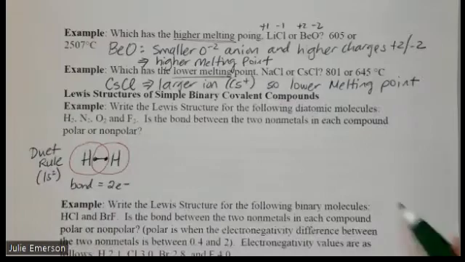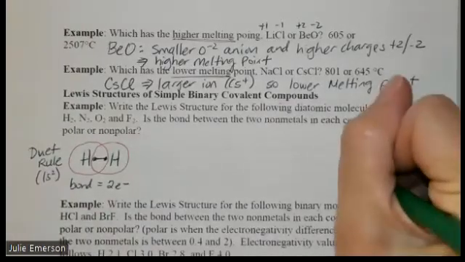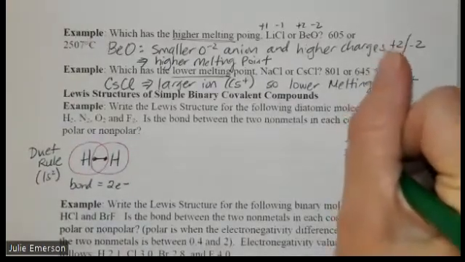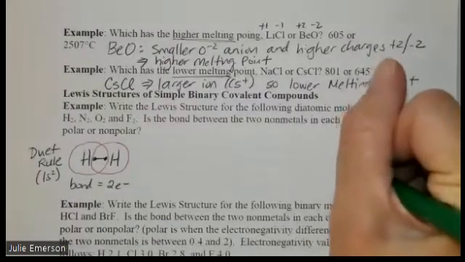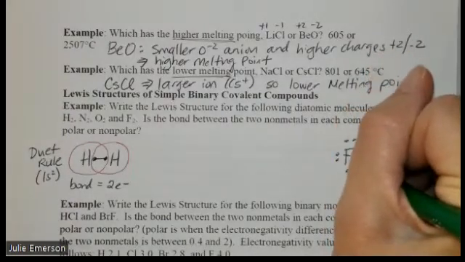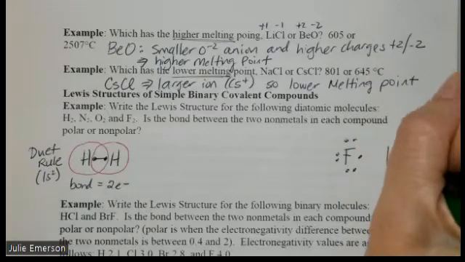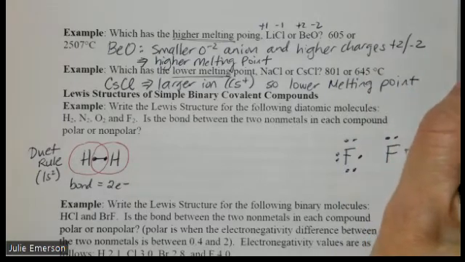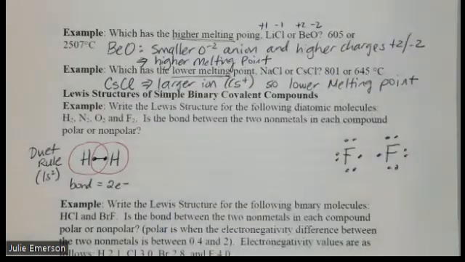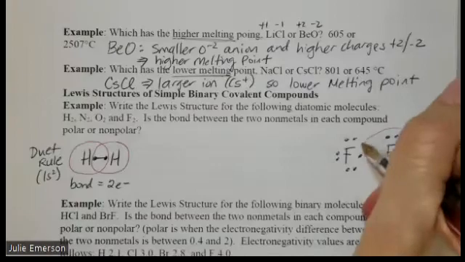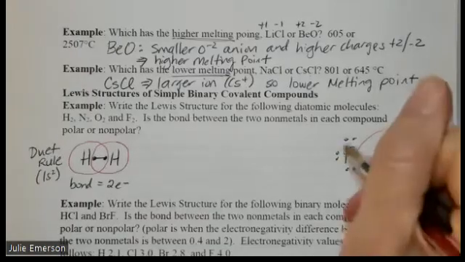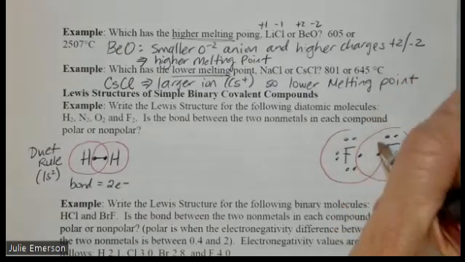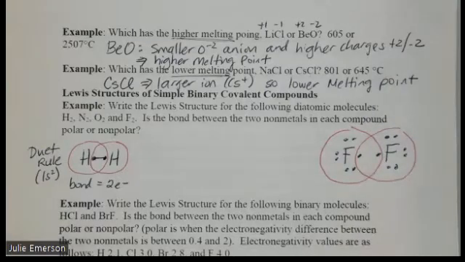When I look at fluorine, I'm going to put fluorine all the way over here on the right. Fluorine comes in with 7 valence electrons because it's a group 7 halogen. So I would have 7 dots. And both fluorines, same thing, 7 dots. All right, and it's going to be sort of the same idea. The only thing that's different here is that the fluorine is going to follow the octet rule like every other nonmetal. Hydrogen, again, is the exception with the duet rule. So I look at that shared orbital space, the overlap, right?